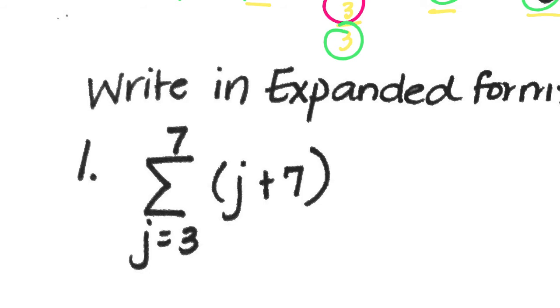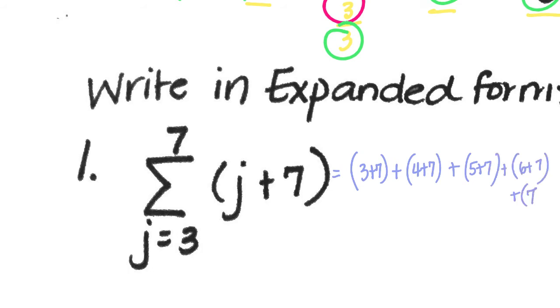All right, so hopefully you started with the lower limit being 3, 3 plus 7, and then going to 4, 4 plus 7, and then to 5, 5 plus 7, and then to 6, 6 plus 7, and then to 7, 7 plus 7. So hopefully in expanded form you have 10, 11, 12, 13, and 14. How'd y'all do?